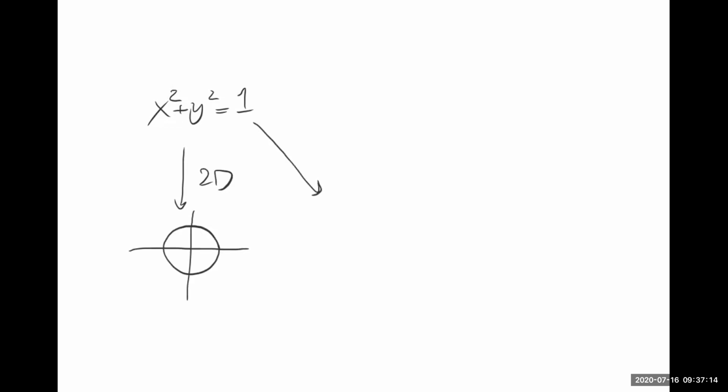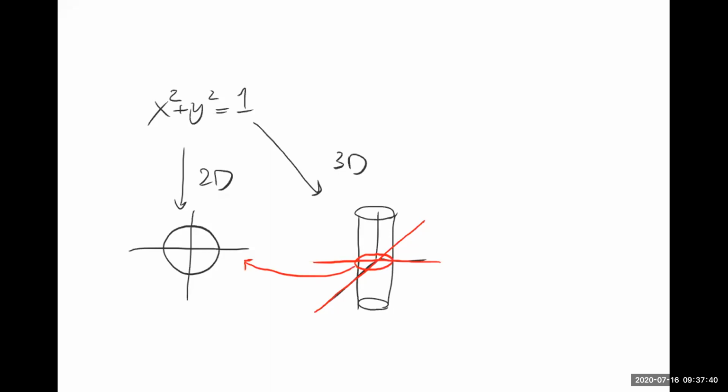In 3-dimensional space, it would be this cylinder. And it makes sense because if you look at this 2-dimensional space inside 3-dimensional space, the only thing you would see is the intersection of that cylinder with the 2-dimensional space. If you are a being which lives inside that 2-dimensional space, you would only see this intersection, which is exactly the circle you have here, right?